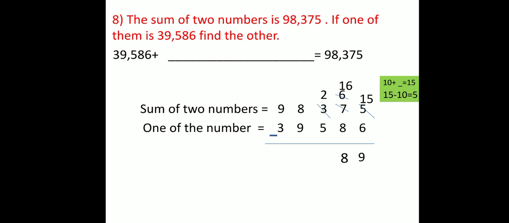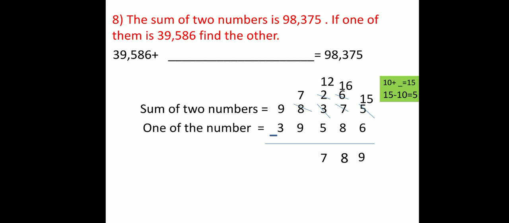Now 2 minus 5. Is it possible? No. Then borrow from 8. Then 8 becomes 7 and 2 becomes 12. Then 12 minus 5 equal to 7. And then 7 minus 9. Is it possible?